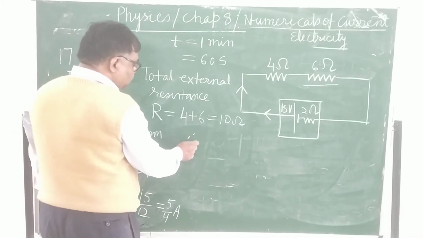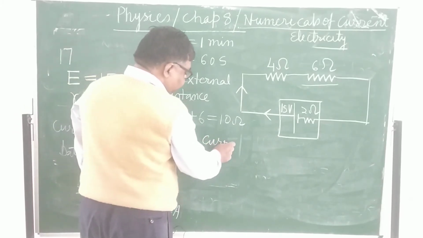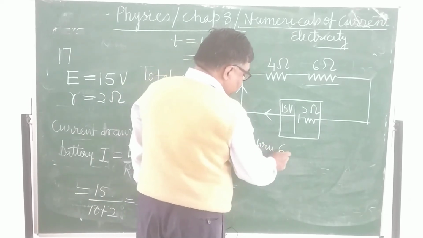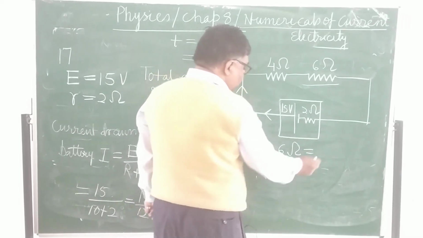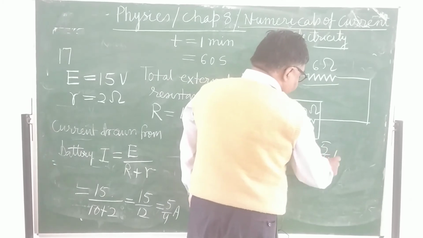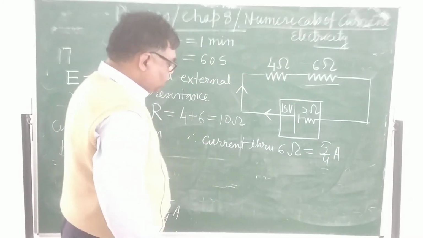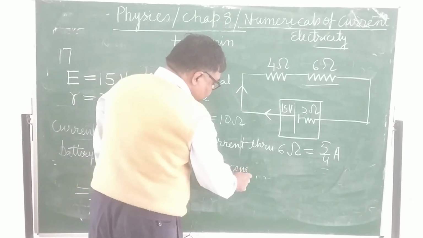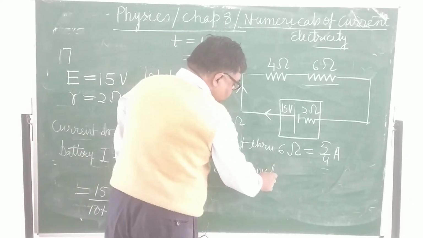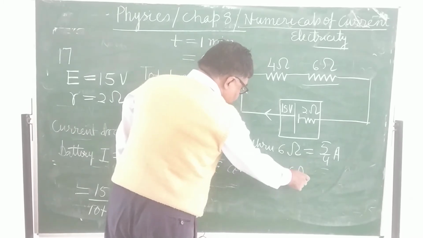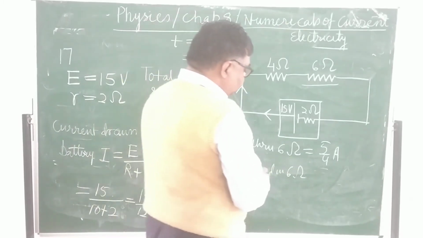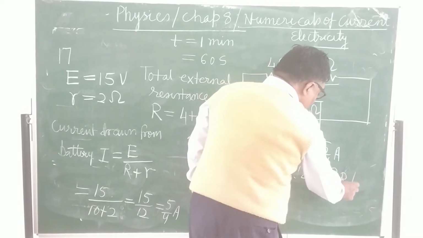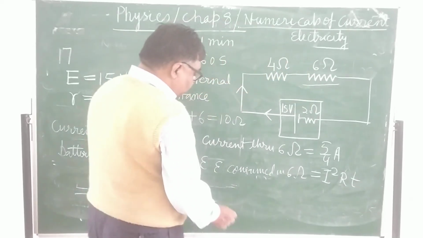Therefore current through 6 ohm will be equal to 5/4 ampere. Therefore, electrical energy consumed in 6 ohm, that you can find by using I square R into T. Substitute the values.